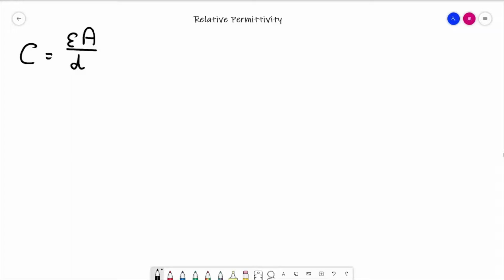Now, when we look at the equation C is equal to epsilon A over D, epsilon here, which we said was the permittivity of the dielectric, most of the time you will see referred to as absolute permittivity.